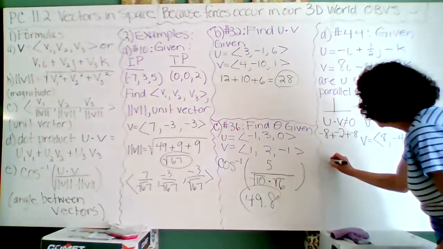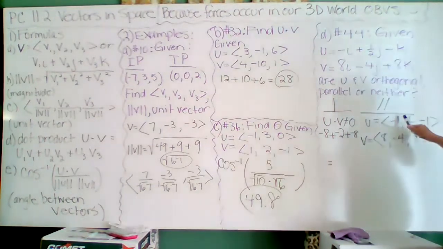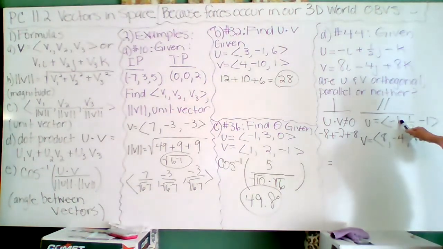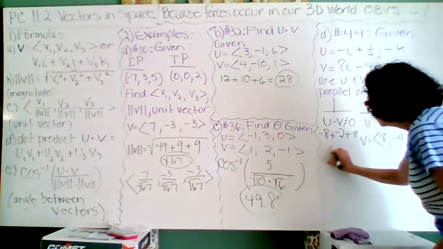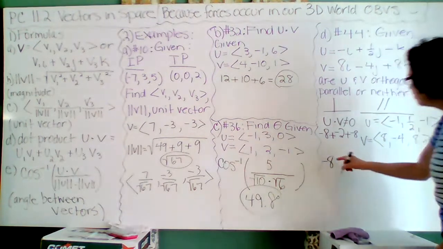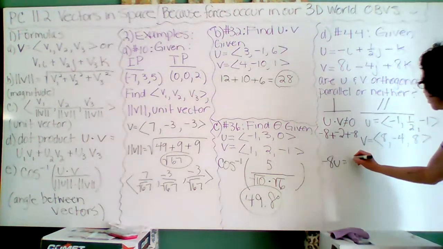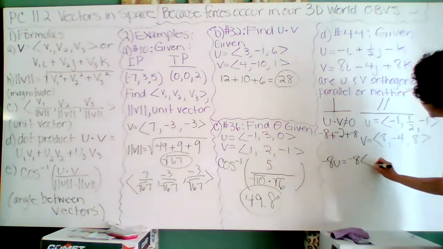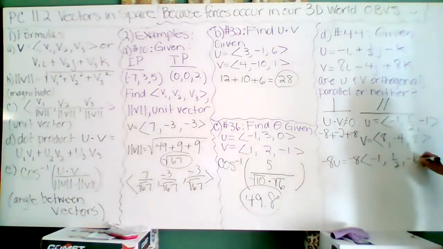So let's take a look. Vector u, if I multiplied, let's see, -1 times -8 would give me 8. So what if I took vector u and multiplied it by -8? In other words, -8 times (-1, 1/2, -1).